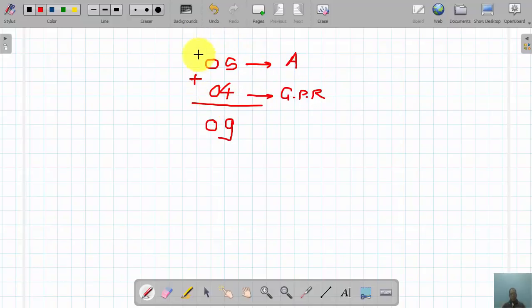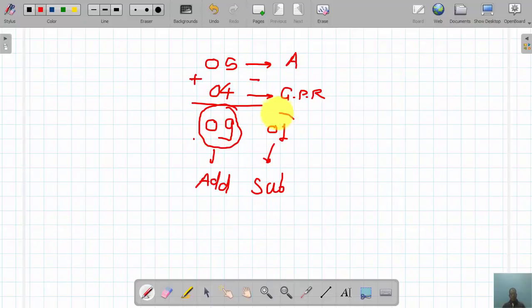However, whatever the result is, for addition I am going to get the result as 09, and for subtraction I am going to get the result as 01. Whatever result is generated by an arithmetic operation, addition 9, subtraction 01, after execution it is by default stored in the accumulator, that is, in a register.